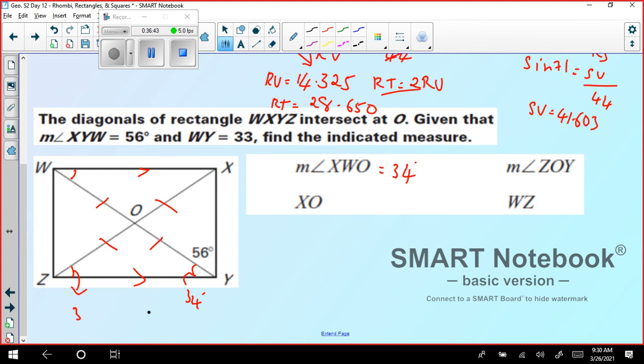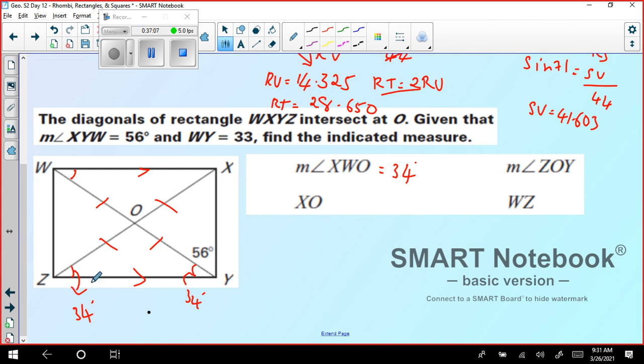You don't have to put extra effort. In case of a rectangle, all the portions of these diagonals will be congruent. That is, WO is congruent to OX, OX is congruent to OY, OY is congruent to OZ. So these two congruent sides will make this particular triangle ZOY as isosceles.